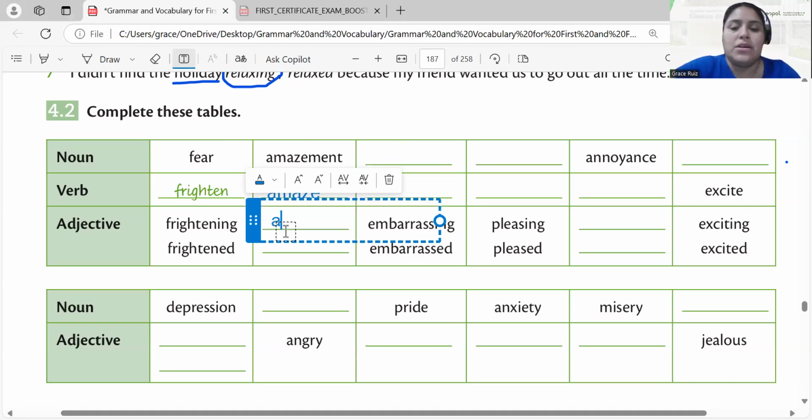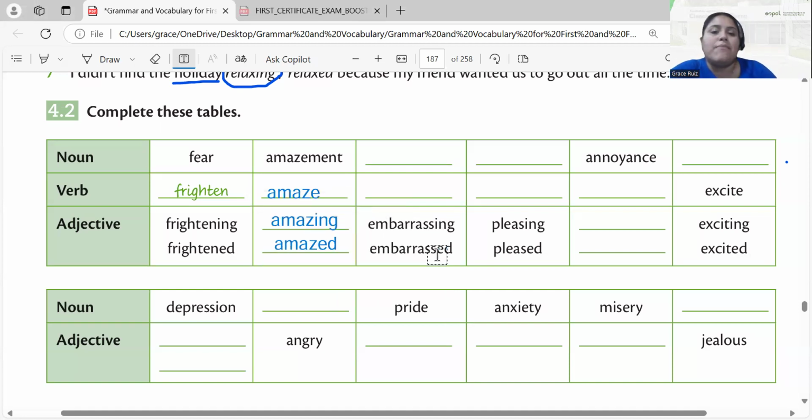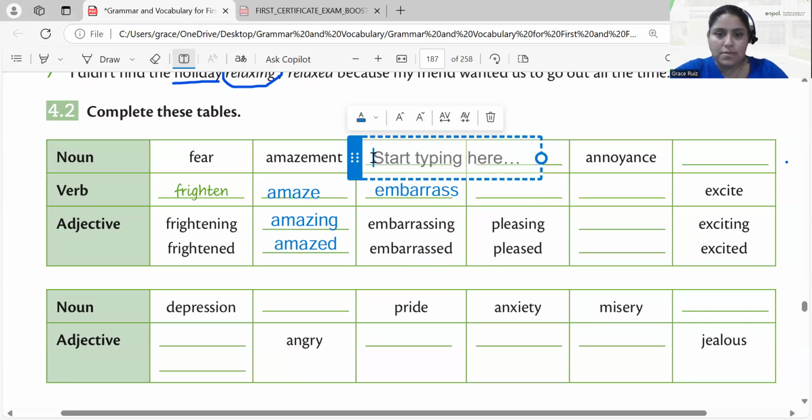Amazing or amazed. Okay, now embarrassing, embarrassed. The verb will be embarrass, and as a noun, it would be embarrassment.